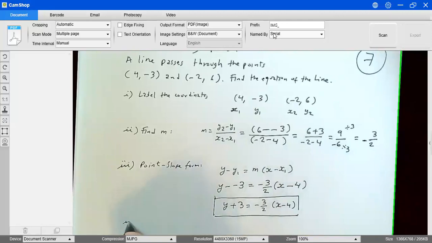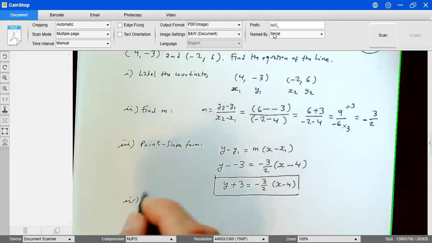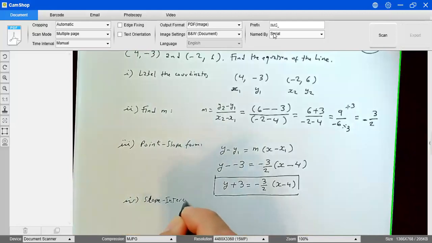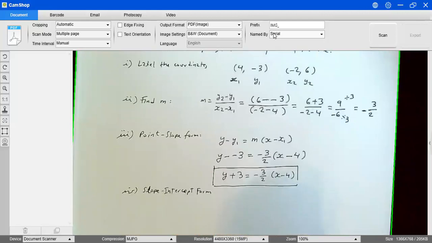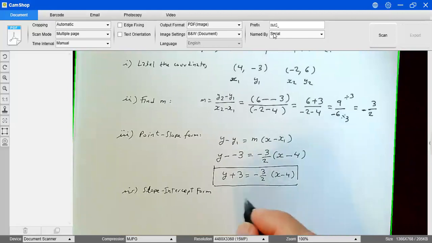Now we're going to find the slope intercept form by applying the distributive property here. So I have y plus 3 equals negative 3 over 2 times x minus 4. So we're going to apply the distributive property.